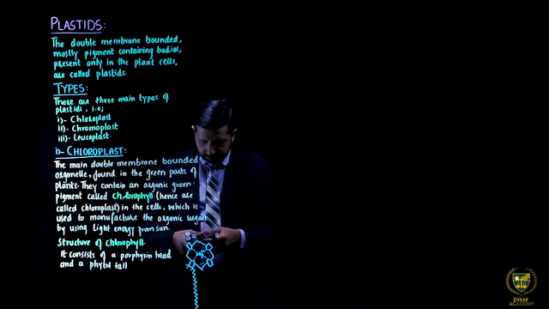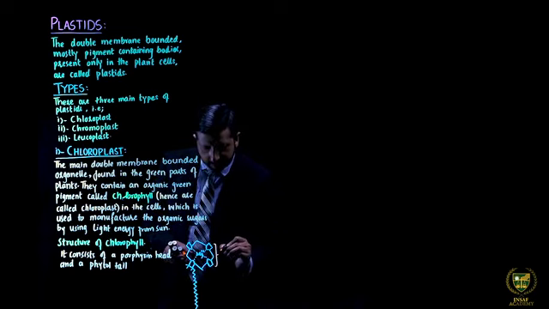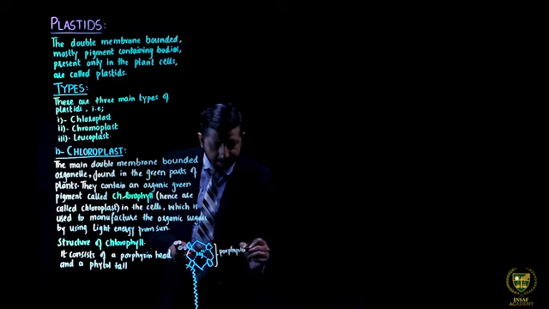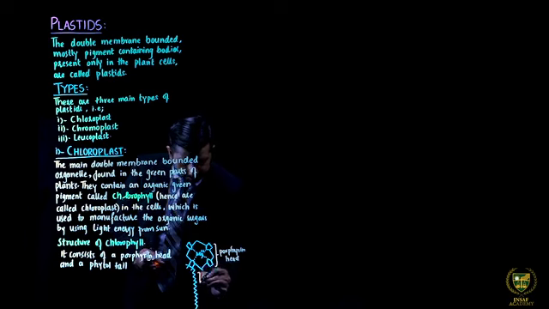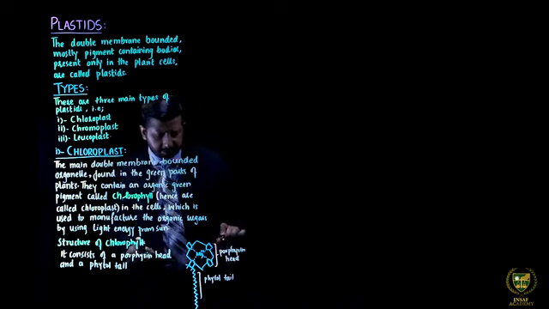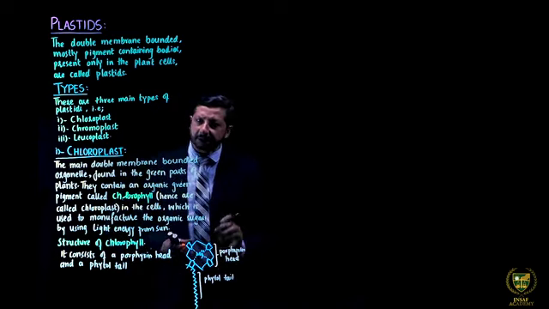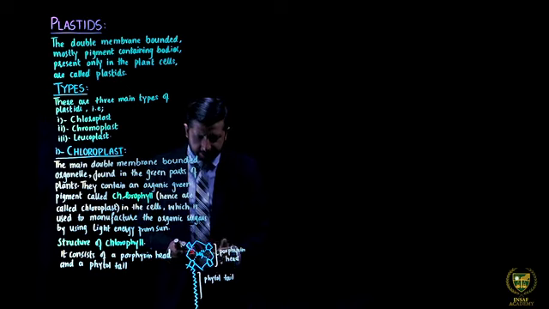So this structure, that is the porphyrin head, and this one is the phytol tail. Just a dummy diagram, not its detailed structure. That will be studied in chapter number 11.